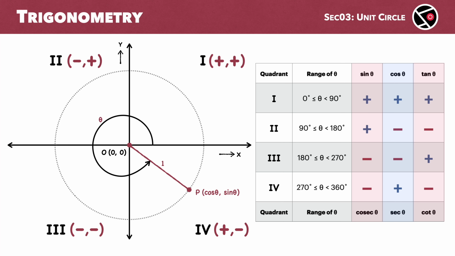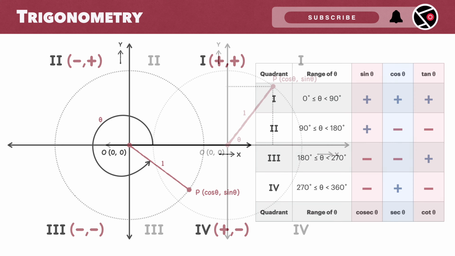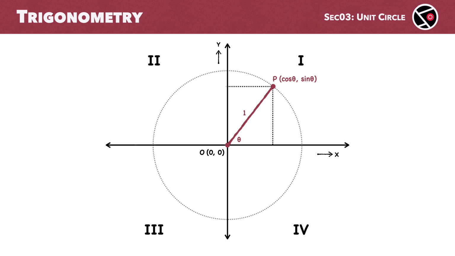That's all. Now that we understand the signs of the trigonometric functions, the big question remains. How do we find the actual numerical values for these functions? It's actually quite simple. Start by taking a ruler and measuring the x coordinate, x, and the y coordinate, y, for the point P on the unit circle.